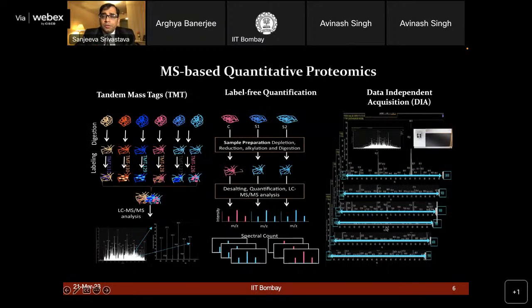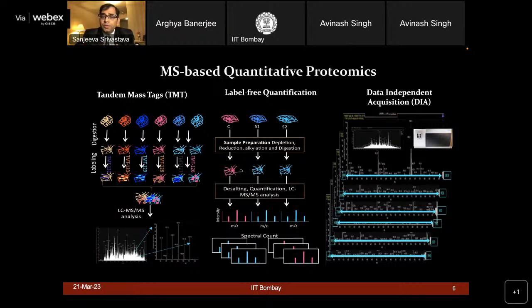So one could look at different types of applications of proteomics using the mass spectrometer. It could be based on whether you have your control and disease condition, which you want to label with different types of tags. These are isobaric tags known as tandem mass tag, TMT, or iTRAQ, isobaric tag for relative and absolute quantification, where you have different reporter ions, in this case 126 to 131 for the 6-plex of the sample.